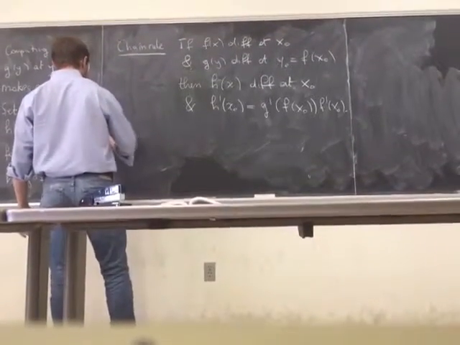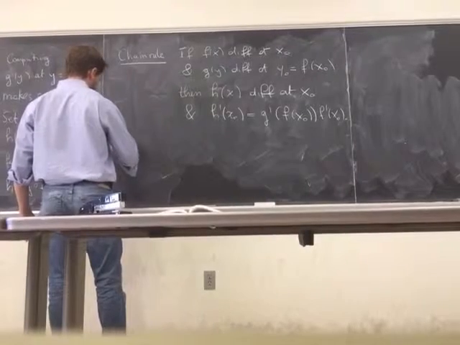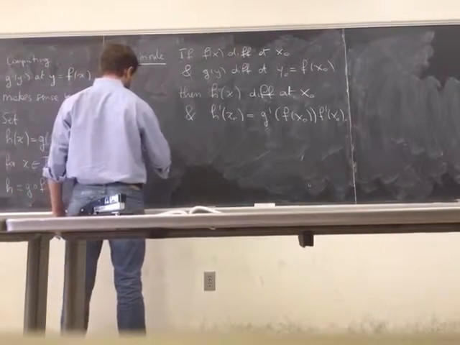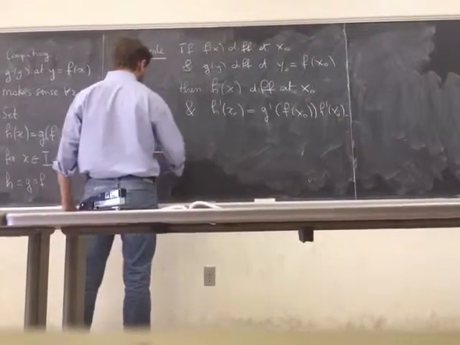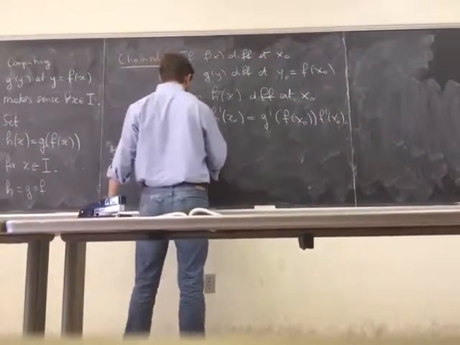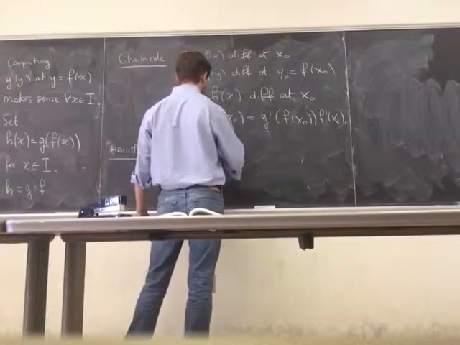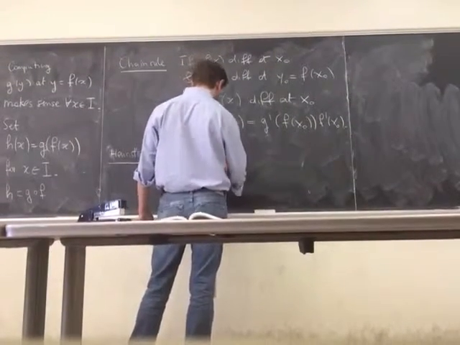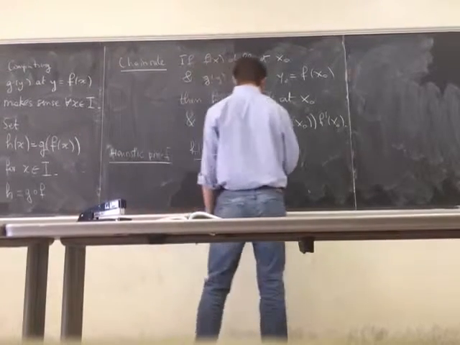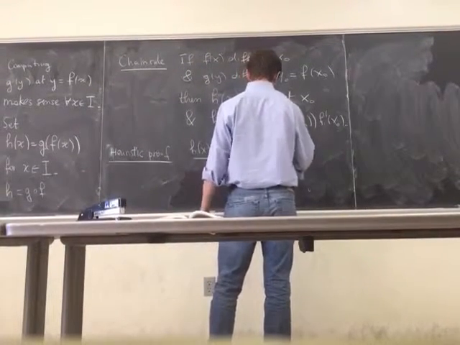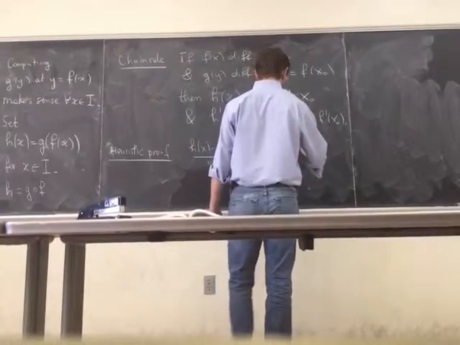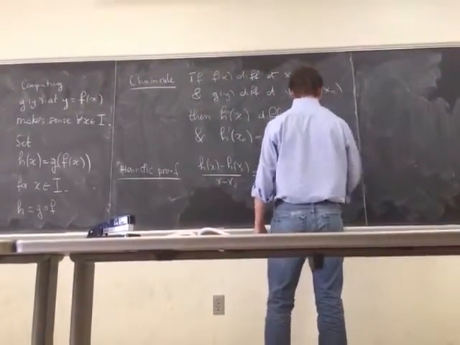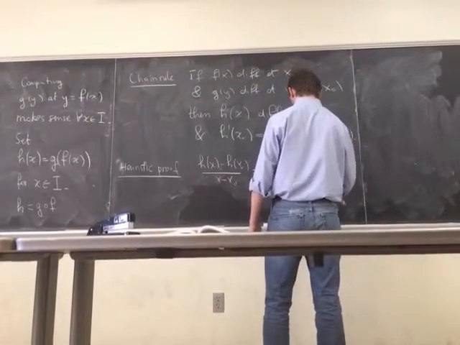So if you want the heuristic argument, the heuristic proof for this thing is just to say, well, you want me to check if h is differentiable, so let me write down the incremental ratio. That's definitely something you want to do also in a formal proof. So you want to start writing down the incremental ratio of this guy at x naught. So you start writing down this thing.